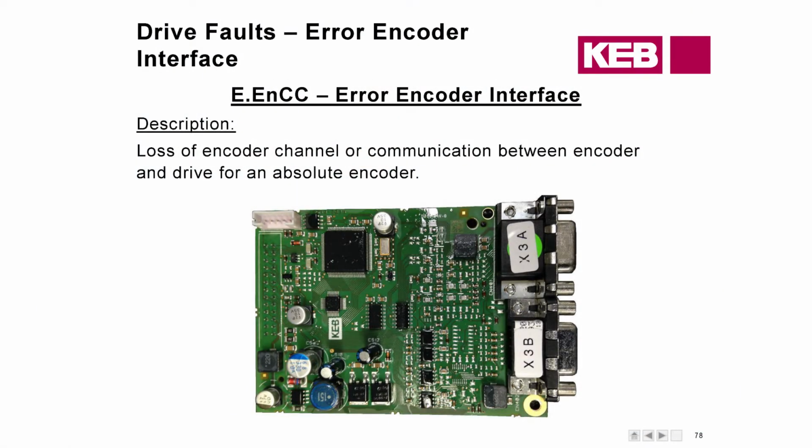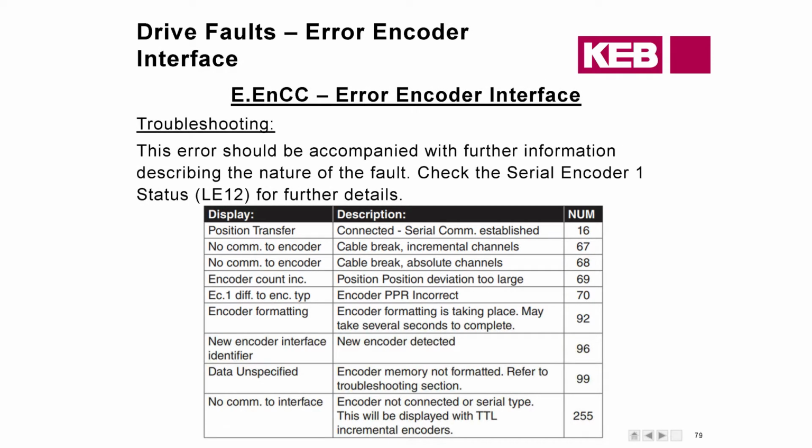The E.EnCC, error encoder interface, is going to indicate a communication issue between the encoder card and the actual encoder itself. I would expect to see this one on a permanent magnet application, so you would have an NDAT encoder, and with the NDAT encoders, the encoders are communicating serially with the drive, and they're actually providing a status to the drive.